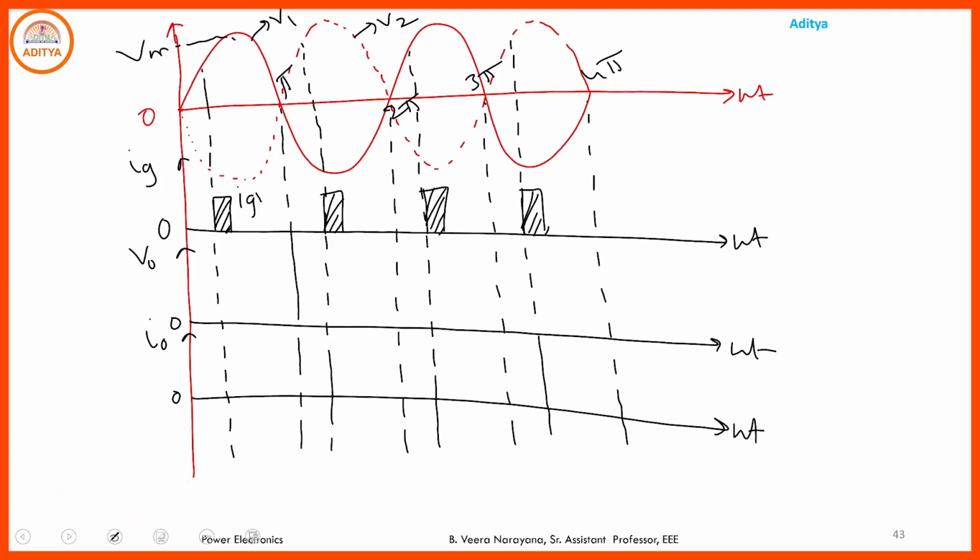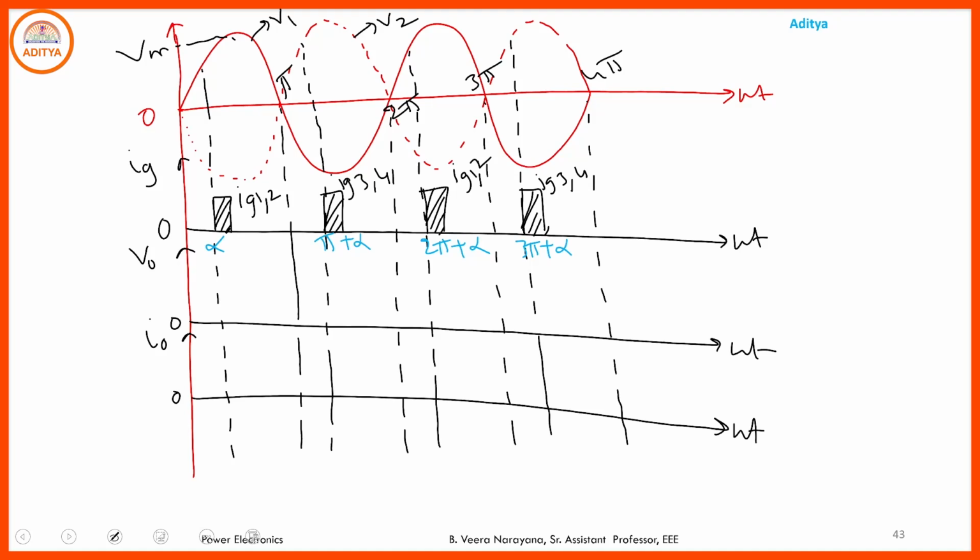These are the gate pulses for the first and second thyristor. These are the gate pulses for the third and fourth thyristor. And here we have again 1 and 2, and here we have 3 and 4. And it is alpha, pi plus alpha, 2 pi plus alpha, 3 pi plus alpha.